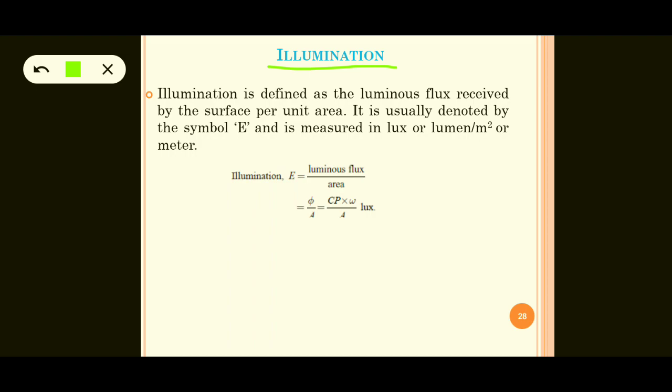So the flux per unit area is the illumination. For 1 meter square area, how many lumens are covered?